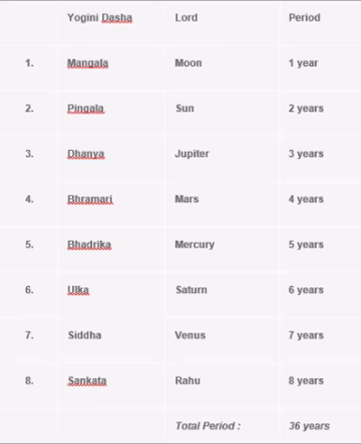As we know, there are several dashas or periods which come in our lives as we progress in our lives, starting from our birth time, and they unfold, and based on these dashas we make predictions of important events in our lives.